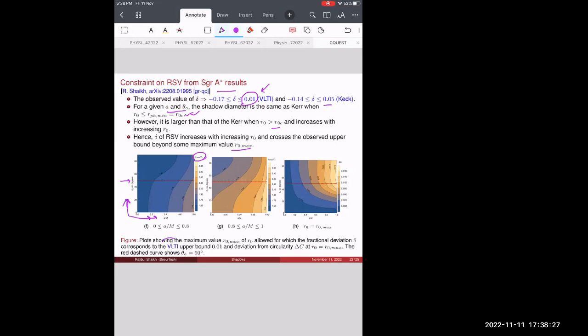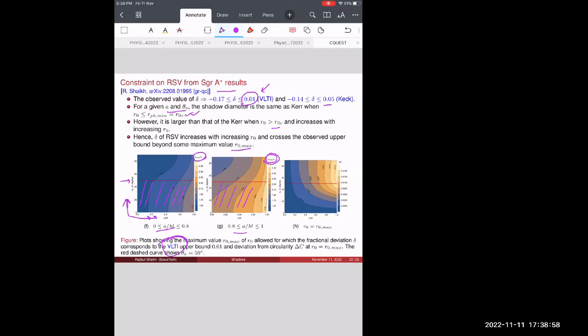This is for the VLTI bound, for spin 0 to 0.8, and from 0.8 to 1. Note that this parameter range is allowed.